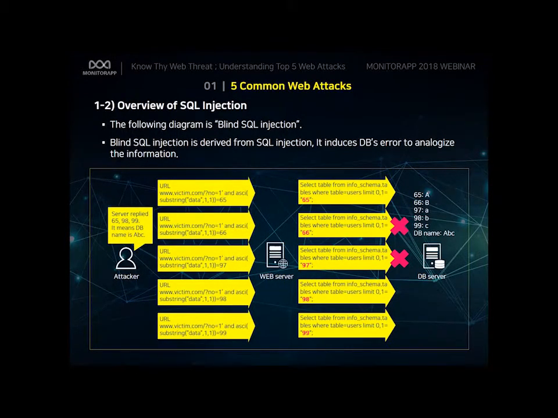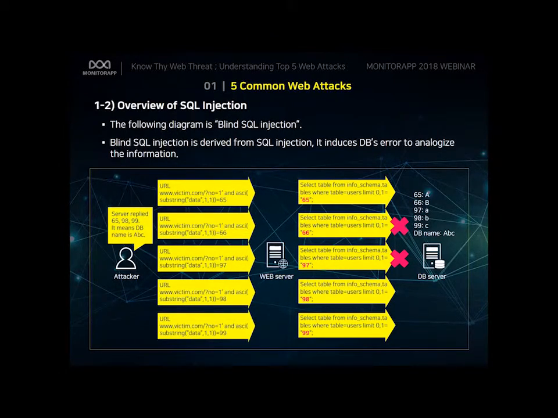For example, if the uppercase A is 65, the uppercase B is 66, and the lowercase ABC is 97, 98, 99, the attacker will request the number to check the server's response. Because there are no characters, the database server will not react to the 66 and the 97.